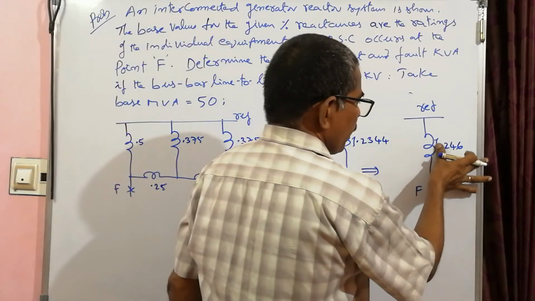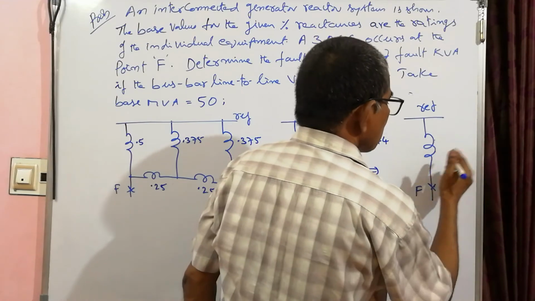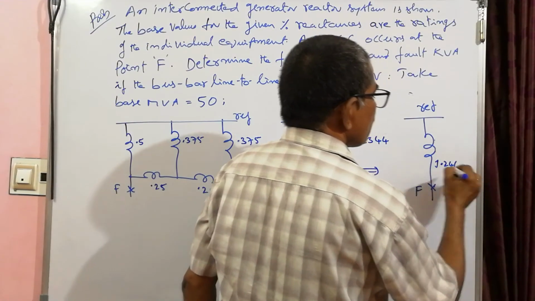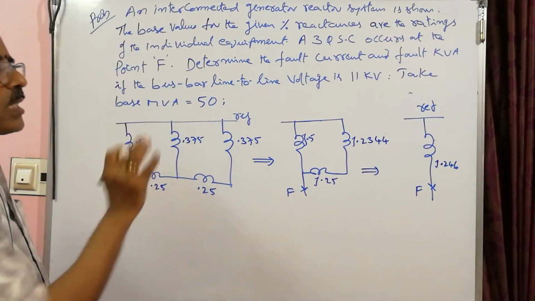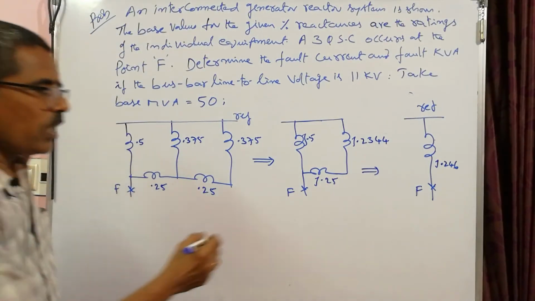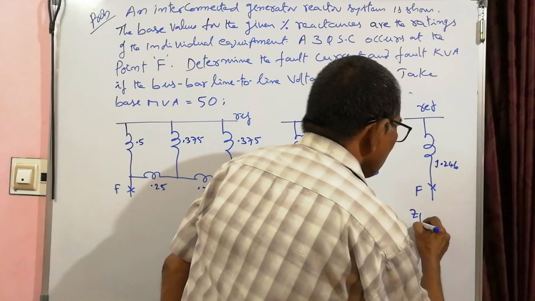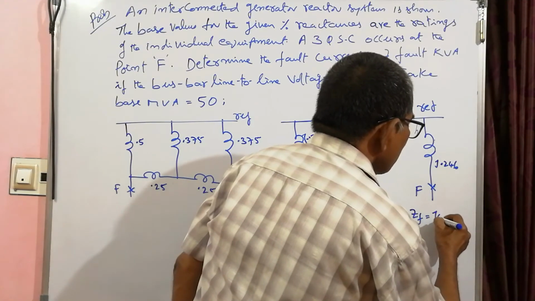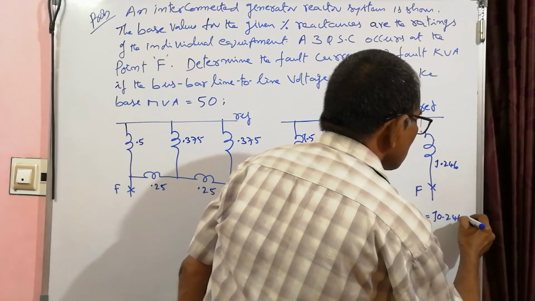Okay, I hope all of you understand this. This is J 0.246, that is ZF. So ZF from the complete equivalent is J 0.246 per units.